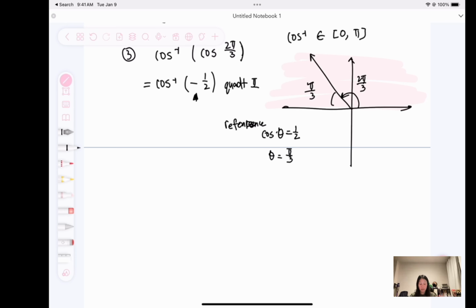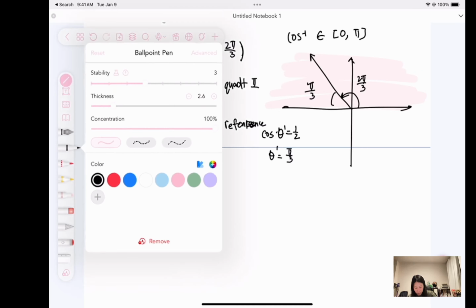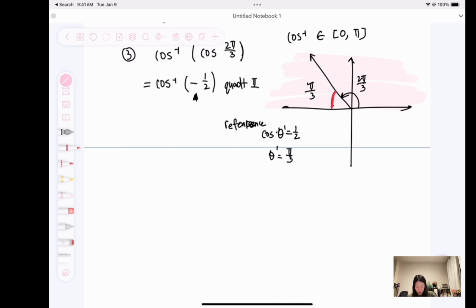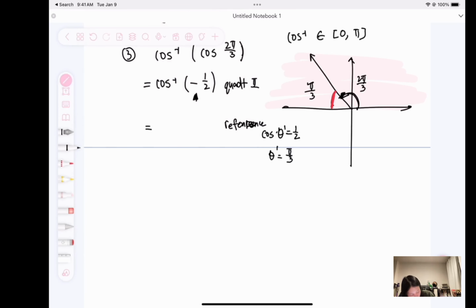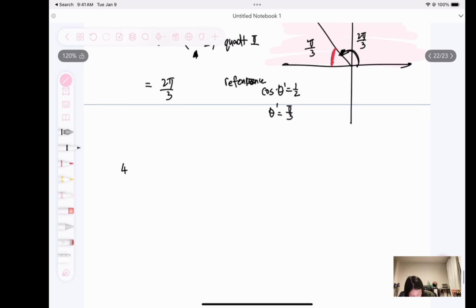It's going to be the reference angle. So that means here would be the reference angle, this part, also pi over 3. So it's still in the second quadrant, which satisfies the domain. So that means the inverse function will be the same as what we have in here, 2 pi over 3.